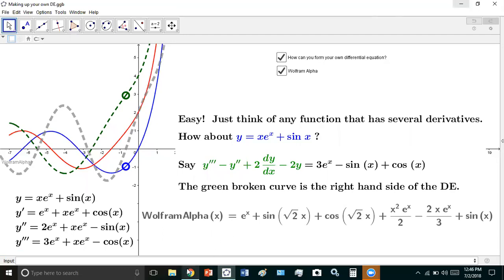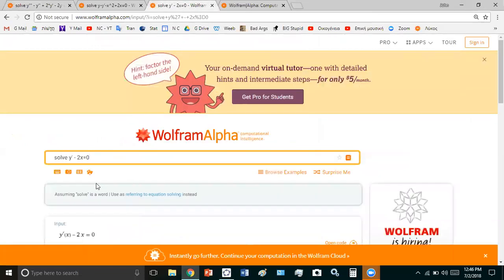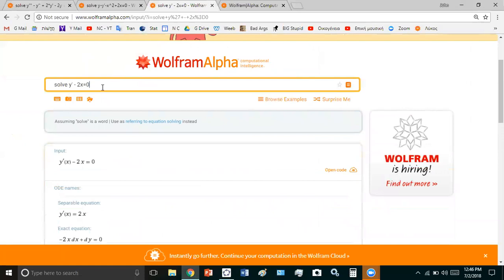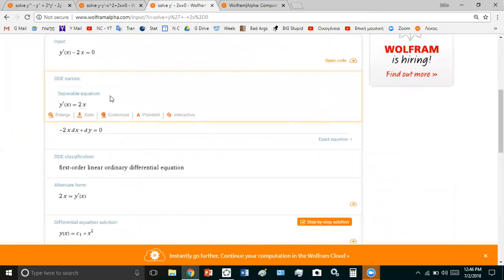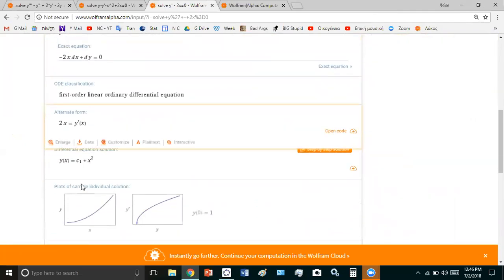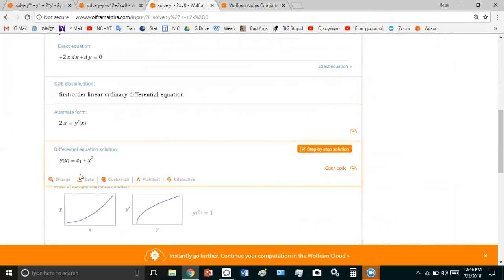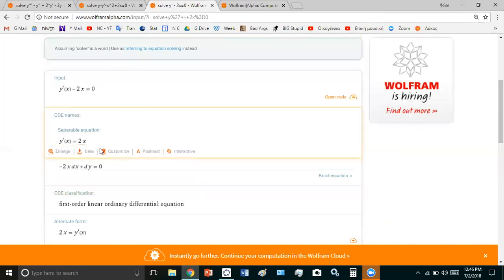And I thought I might have been doing something wrong. So I decided to try some simple equations, like, for example, this one here, which I know the answer must be the function x squared, yeah? Because if I take the derivative of x squared, it's 2x, and 2x minus 2x is 0. So it does, in this case here, find the correct solution and adds a constant to it, which we can just ignore, because when we differentiate the constant, we'll have the first derivative, okay, which is 2x.